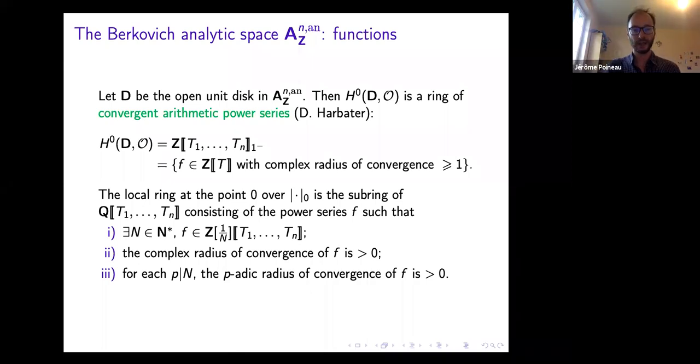Okay, and then you have analytic conditions. So here labeled 2 and 3. So you want the complex radius of convergence to be positive. So it's a typical analytic local condition. And also for each prime number p that divides the denominators of the function, you want the p-adic radius of convergence to be positive. So this is a typical example of a local ring over Z.